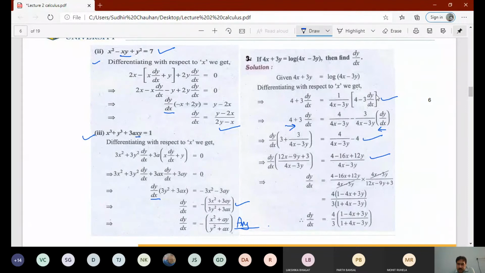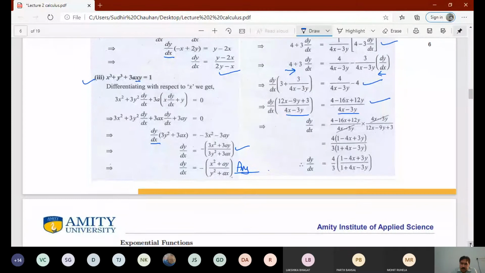Now we can see that this expression is the same, so we can find dy by dx by cross multiplication, and then we can cancel the common expression, that is 4x minus 3y, and now its value is 4 upon 3, (1 minus 4x plus 3y) upon (1 plus 4x minus 3y). So this is the answer.